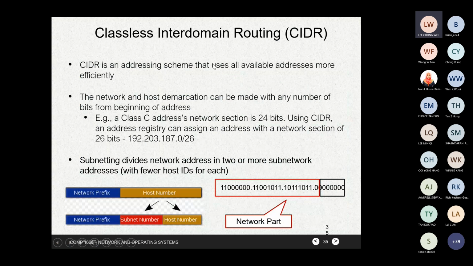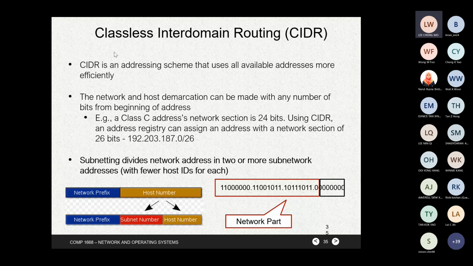Okay, CIDR is another new routing table that will be introduced for networking, but not a common one. This is classless inter-domain routing. That means here there is no class, but just inter-domain routing, routing from domain to domain.